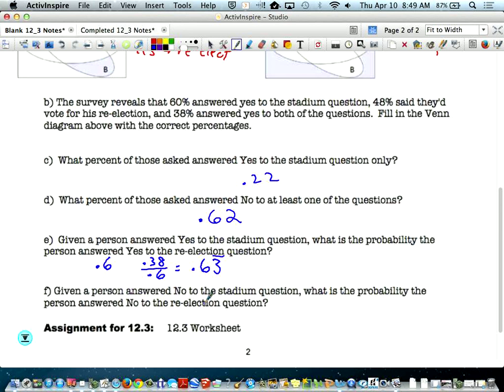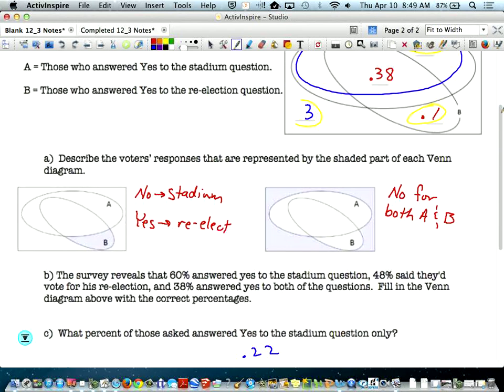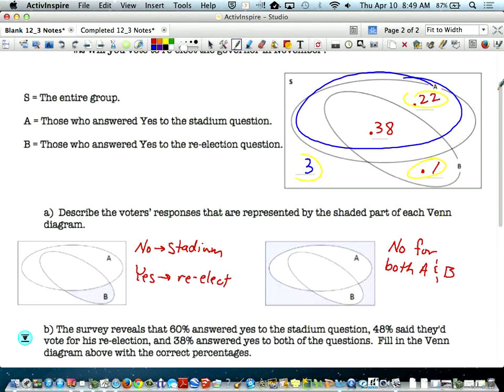And then finally, given a person answered no to the stadium question, what is the probability that the person answered no to the re-election? So what's the percentage of people that said no to the stadium question? No to the stadium.